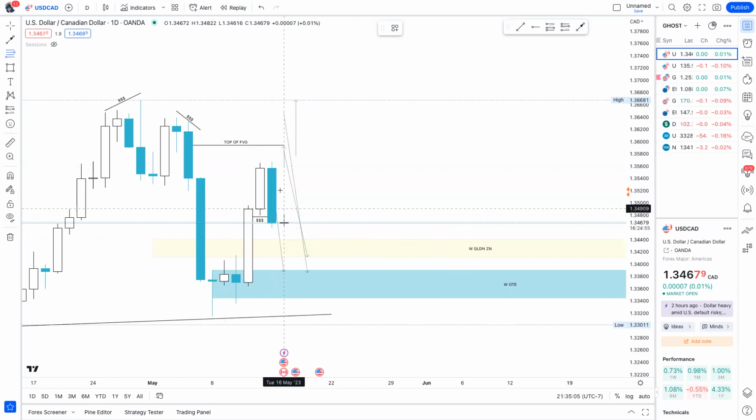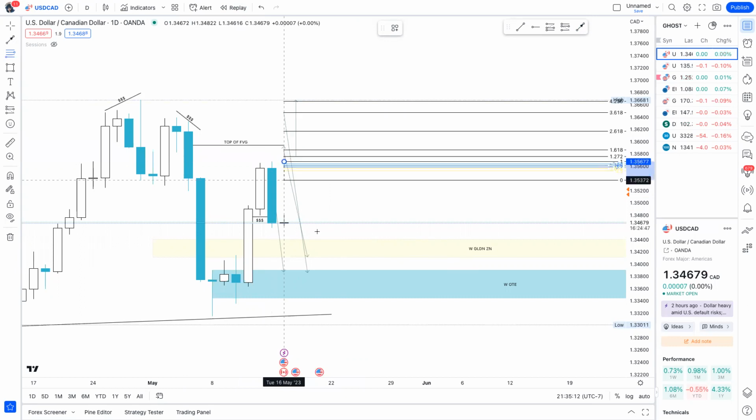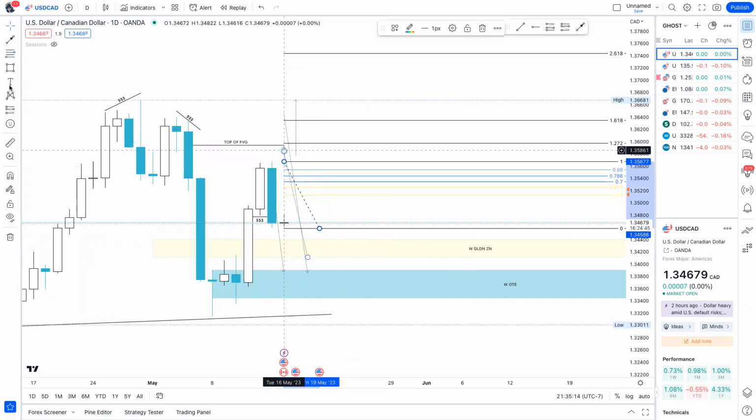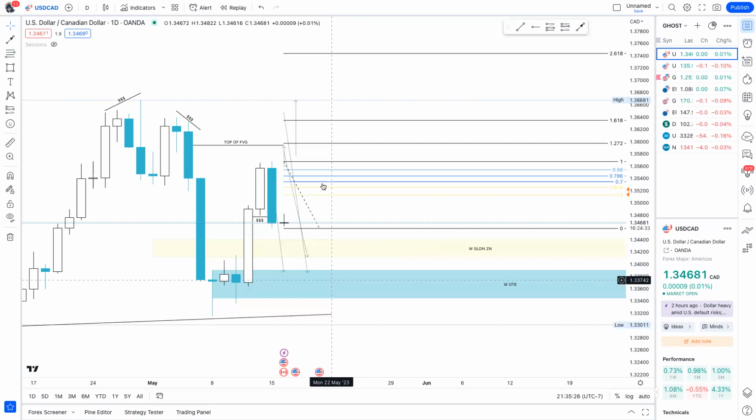Why? Because we have a daily bearish order block now, and we have more structure to help us figure out the direction. So what are we going to do, traders? We're going to take our fib and we're going to fib it. If you were to wait until price comes to a retracement of this golden zone or this OTE, you could get in on a very good sell down to these zones right here.